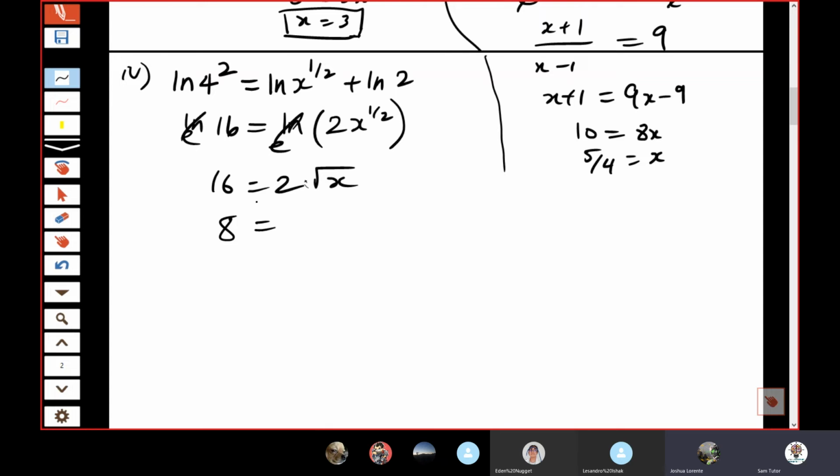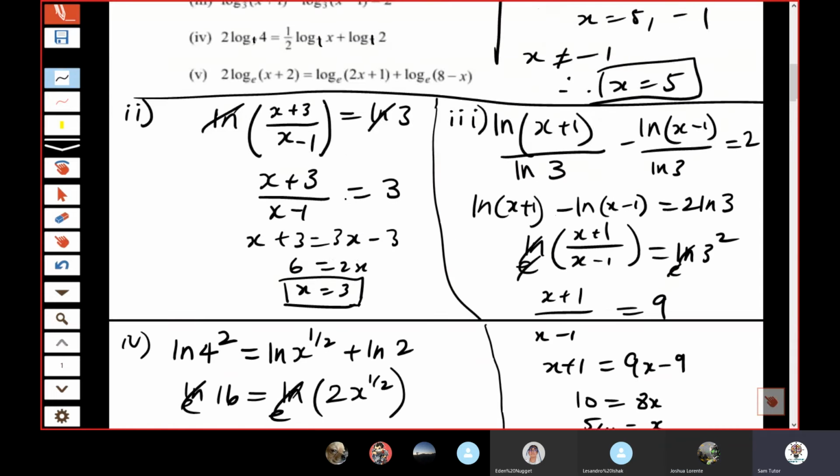Yes, they're multiplied, so you've got to divide it. And now you're at this stage. You square it now. Square root x, you square it. X equals 64. You just have to remember it. All good, all good.